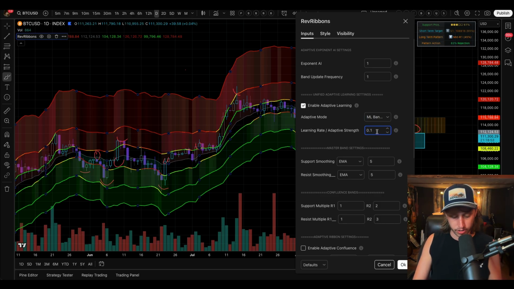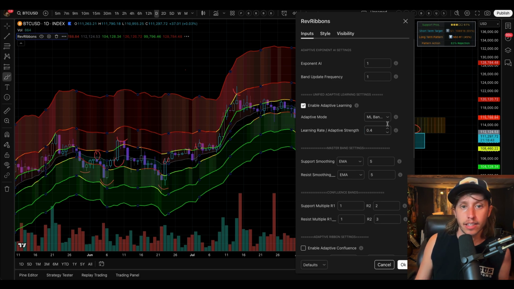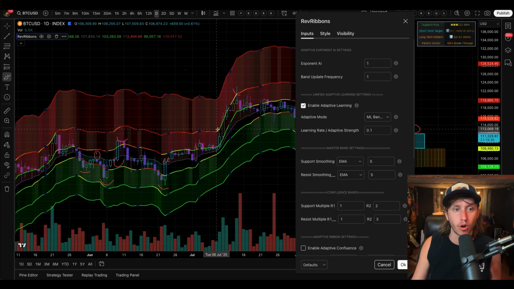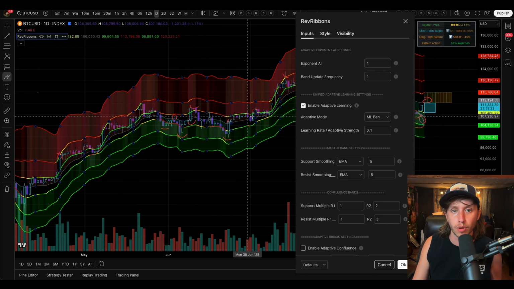When it's on ML band learning, adaptive strength affects that, or if you're on layer tolerance, it's your learning rate. I would just go through and mess with it and see if it's helpful or not. On some time frames, like this one, you can see really small changes happen, but it's not changing a whole lot.